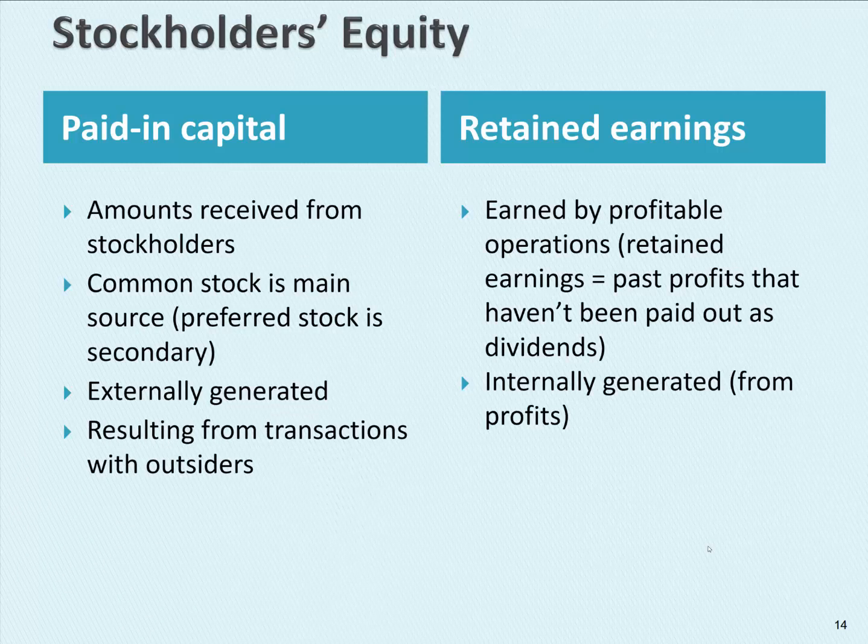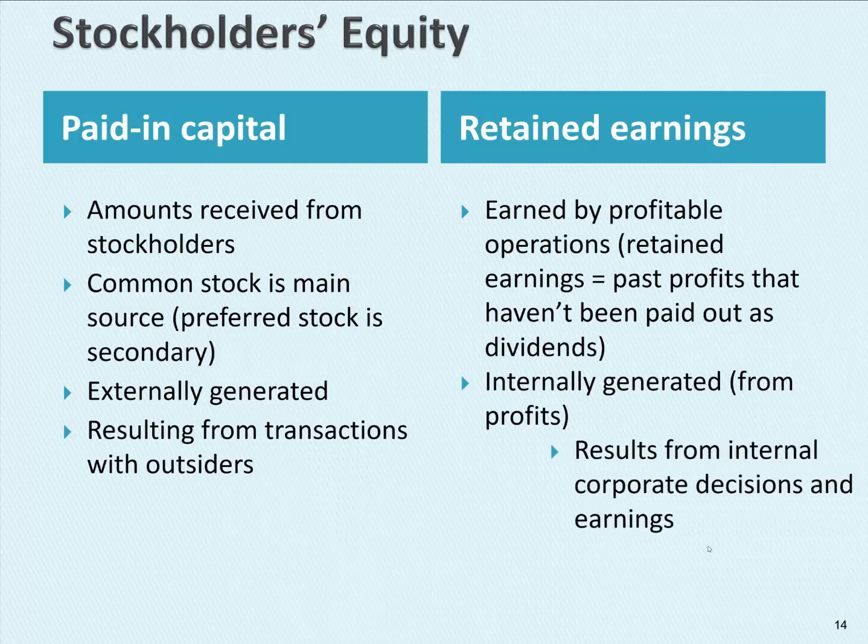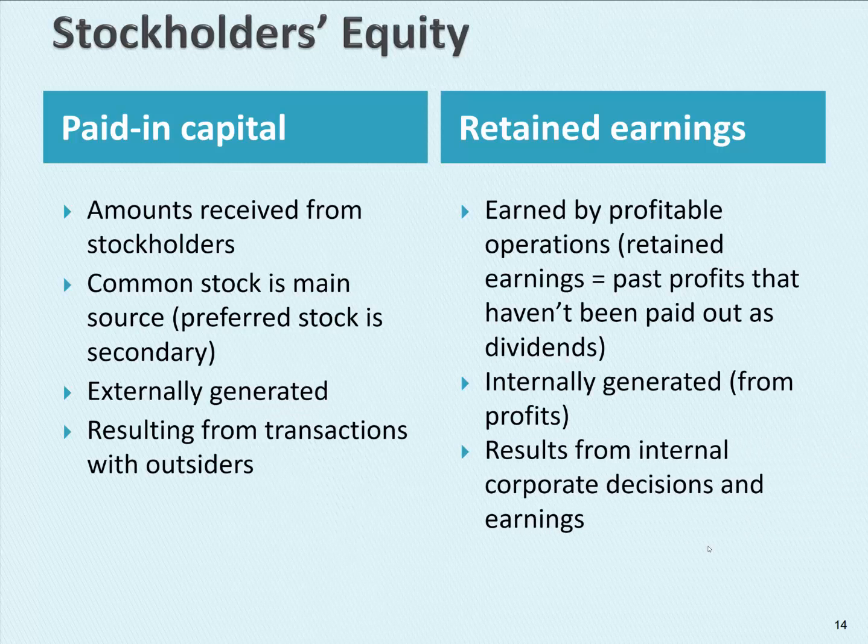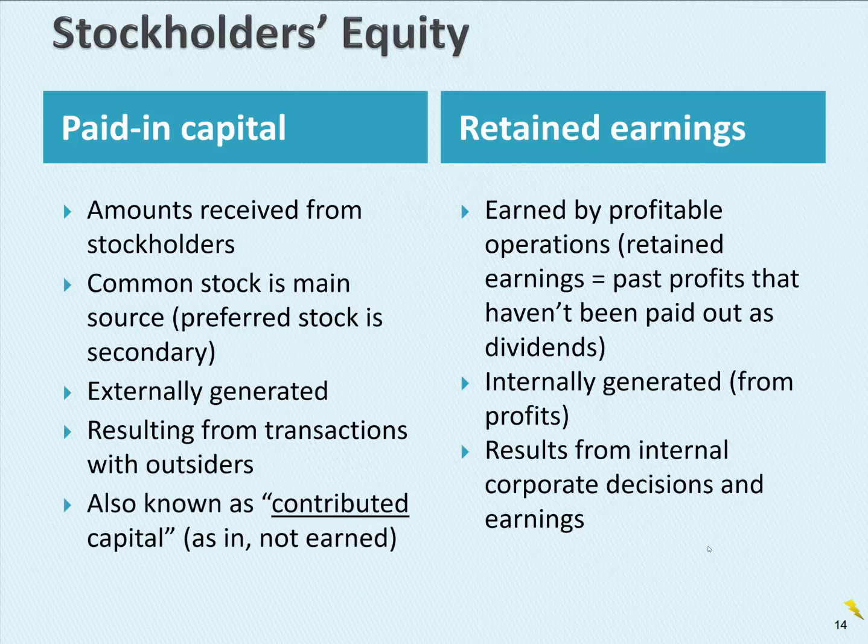So paid-in capital results from transactions with outsiders, the stockholders, while retained earnings result from internal corporate decisions such as, let's design this new product and sell it, and the profits or earnings that come from those products and services. Paid-in capital is also known as contributed capital, as in it's not earned, it's contributed from the stockholders.